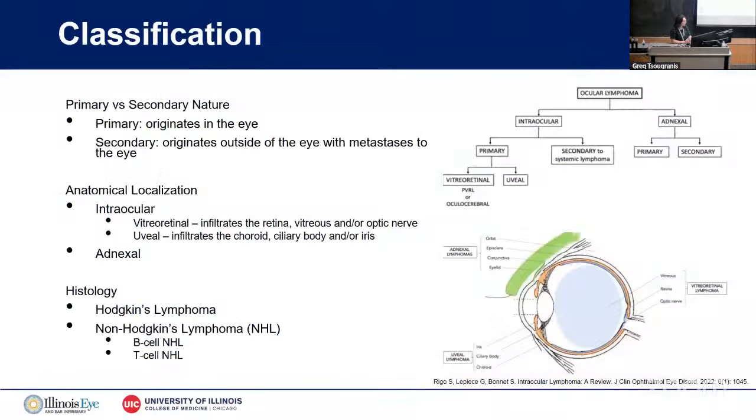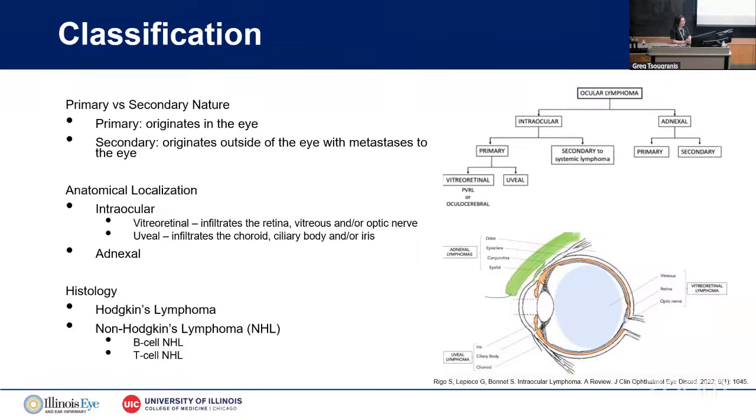So to classify intraocular lymphomas, there are three main buckets that you want to consider. First is primary versus secondary nature of the disease. Primary originates in the eye, versus secondary, which originates outside the eye and then metastasizes to the eye. You also have to consider the anatomical location.